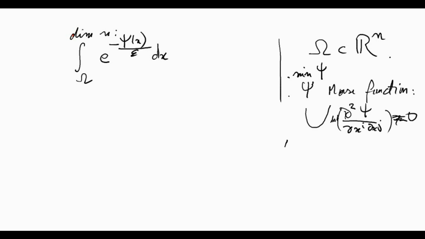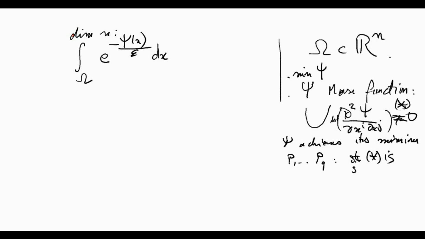So psi achieves its minimum at an ensemble of points P1, ..., PQ, where we assume that the Hessian is non-degenerate, so the condition star is satisfied at each of those points.